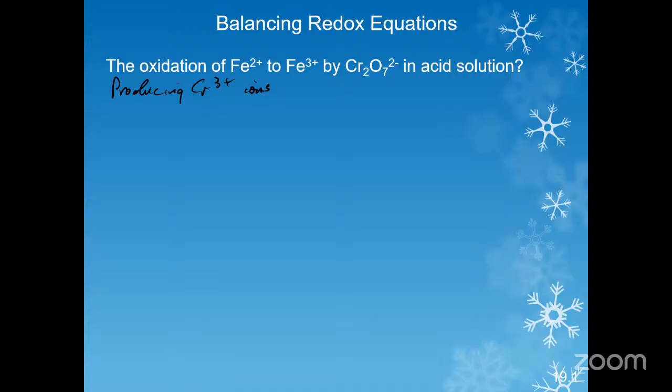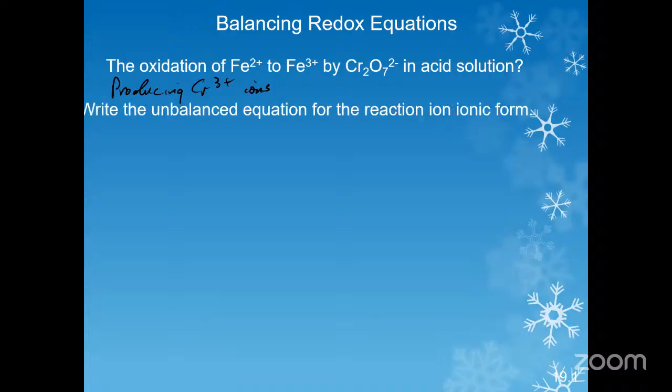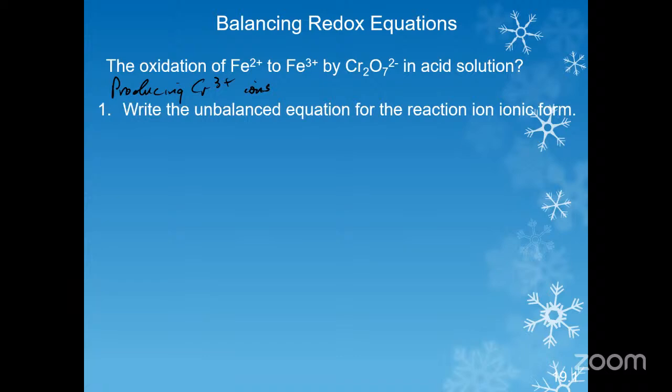The very first step is that you write down an unbalanced equation based directly on the information that's provided. So basically, in this case here, we know that Fe2+ goes to Fe3+. So one of the reactants would be Fe2+, and one of the products would be Fe3+. And the statement says that Fe2+ is oxidized by dichromate, Cr2O7 2-.